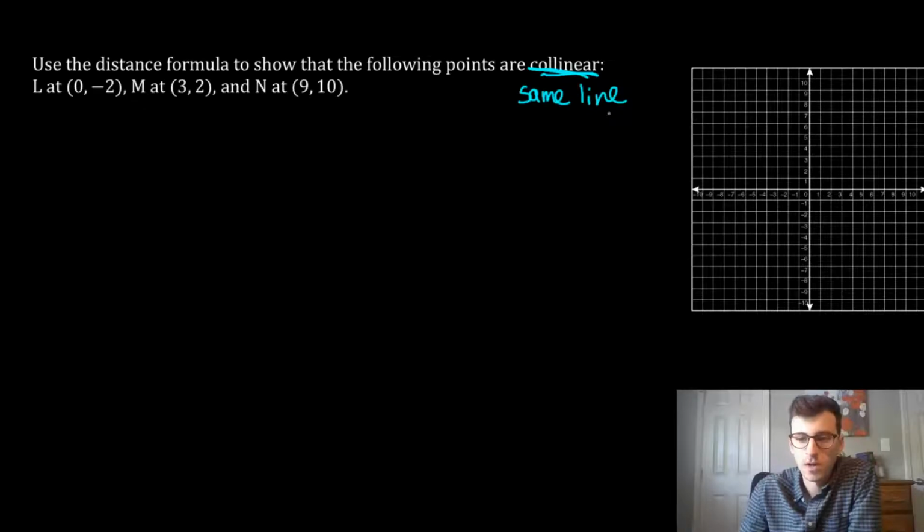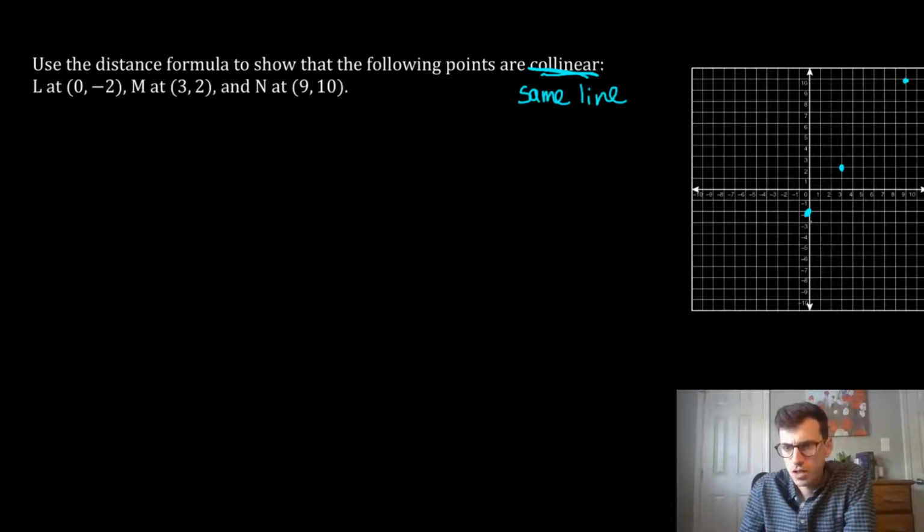So looking at all my points, we've got L at (0, -2), M at (3, 2), and N at (9, 10). Are they collinear?